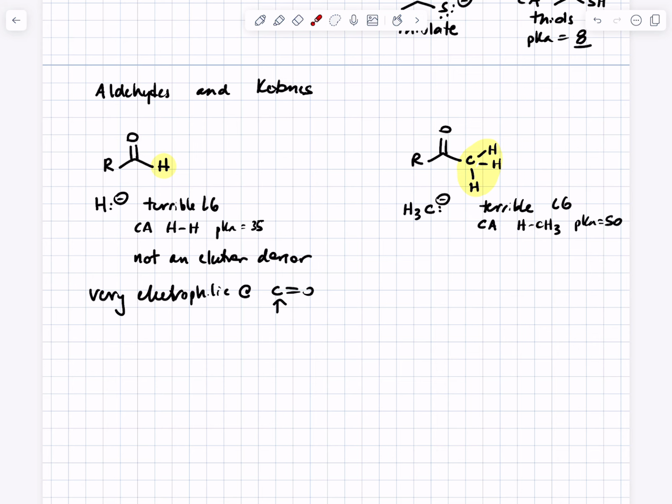So we need to ask the question: what is the impact of the alkyl group on the electrophilicity of the carbonyl carbon? One way of asking that question is to ask, is the alkyl group an electron donor?